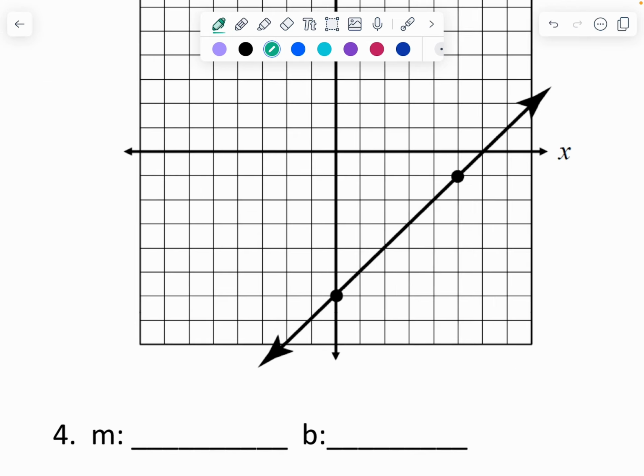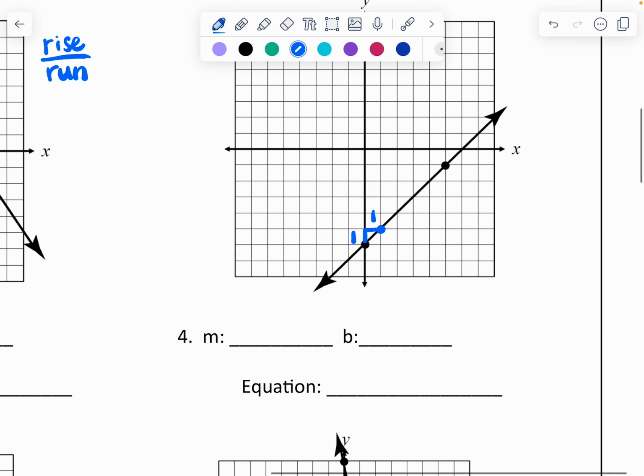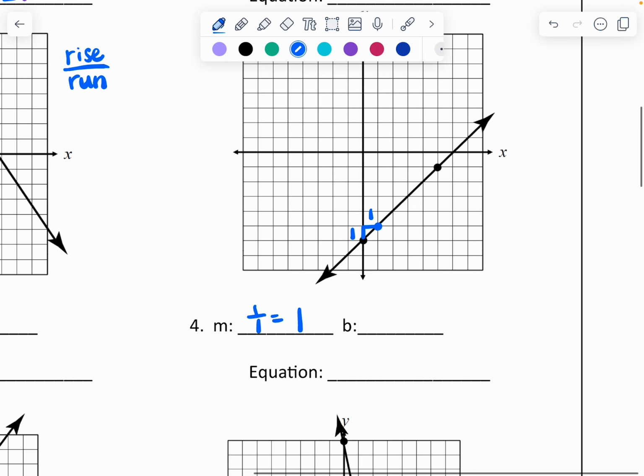So I would rather find 2 points that are closer together, and I can see that there's a point right here that I can use. So my little triangle here, 1 and 1. So my slope is 1 over 1 or just 1. And because it slants upwards from left to right, this is a positive slope.